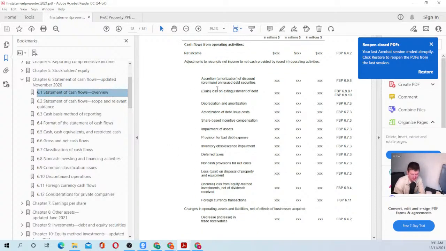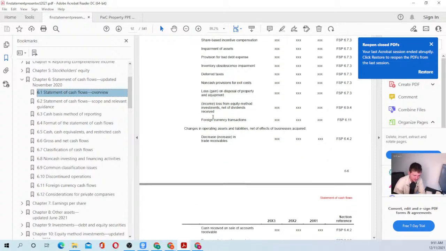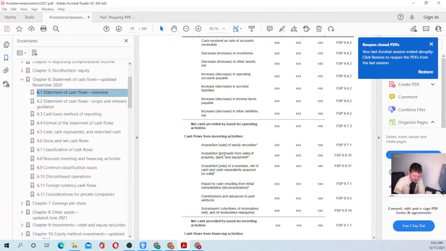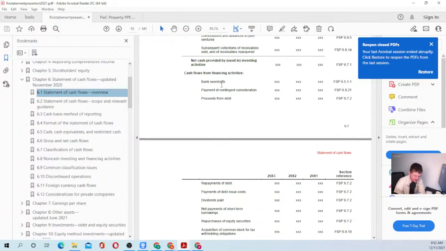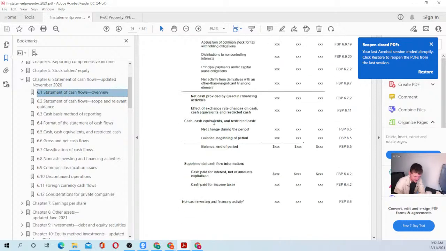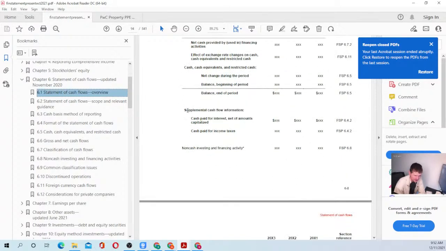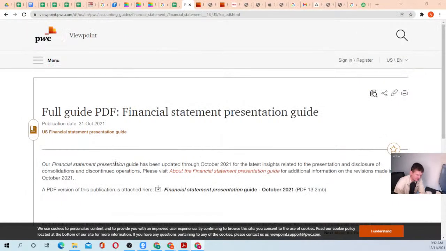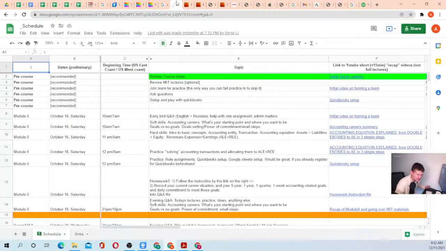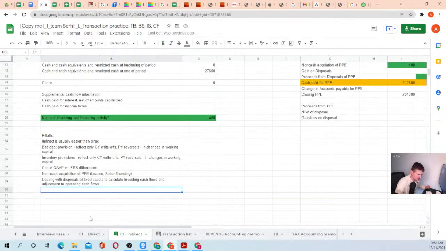Not all, but quite a few. And if you have some cash flow which you want to classify, you can find some caption here. And we also have some supplemental cash flow information. Let's also mention it here.